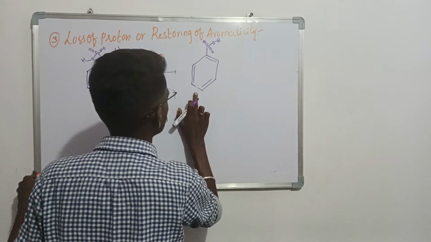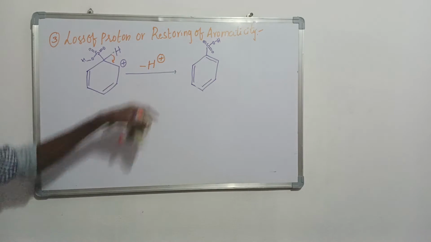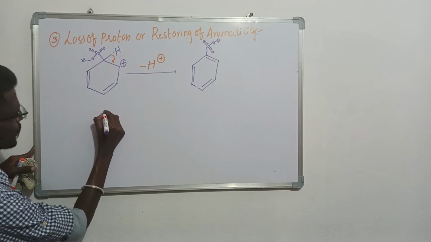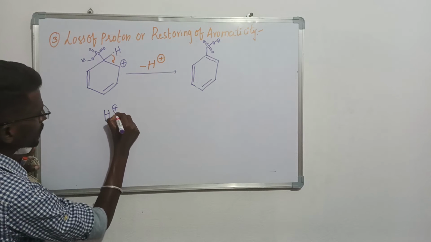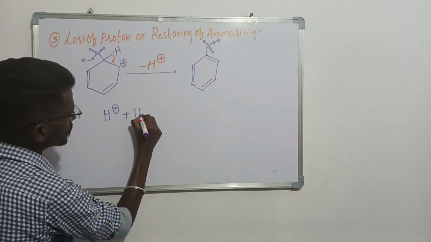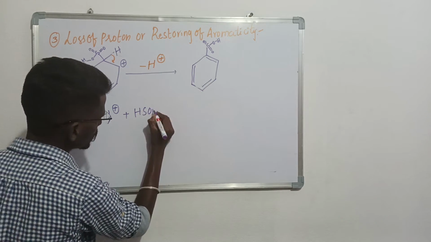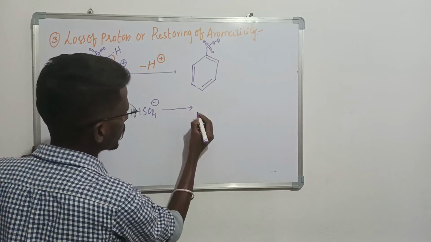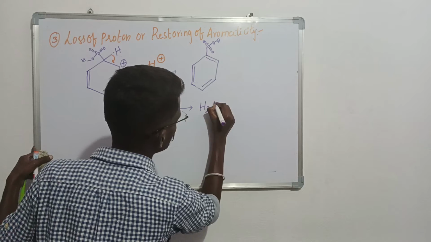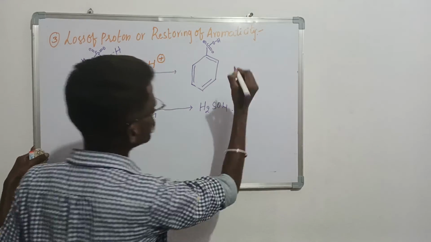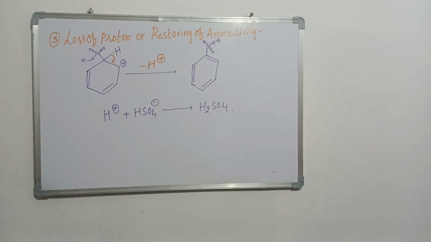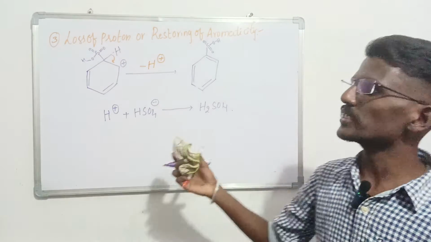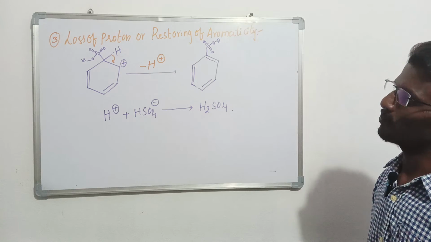Benzene sulfonic acid is formed, and this lost proton combines with HSO4 minus and is converted into H2SO4, sulfuric acid, which is a catalytic reagent. It is a catalyst for the sulfonation of benzene.